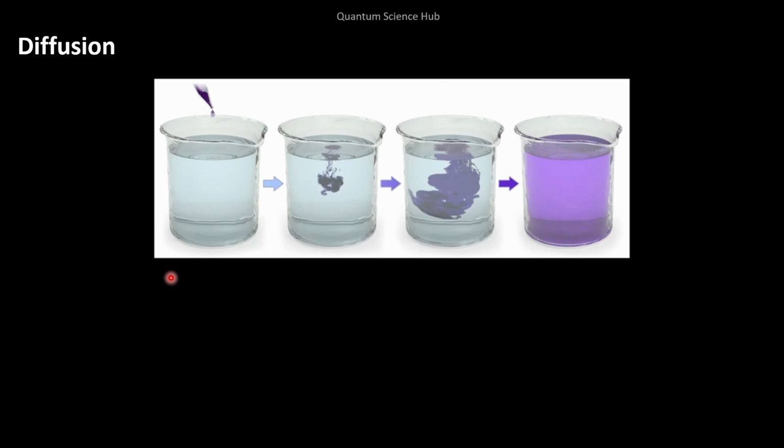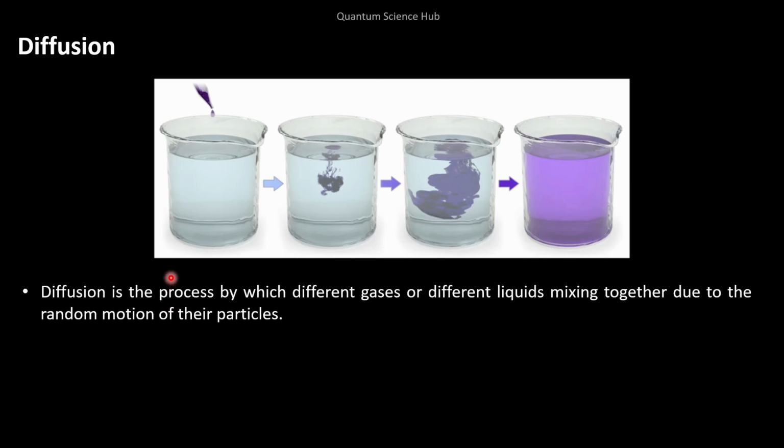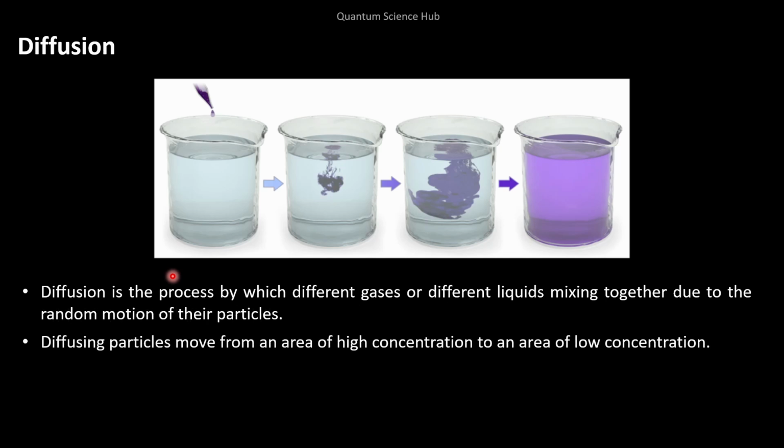Now let's see about diffusion. This picture shows the diffusion process of a liquid. Note that diffusion is the process by which different gases or different liquids mix together due to the random motion of their particles. Diffusing particles move from an area of high concentration to an area of low concentration. For example, in this picture, you can see there is a drop of thick purple liquid.